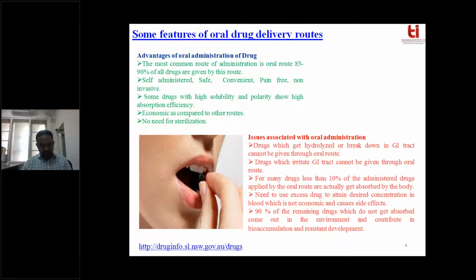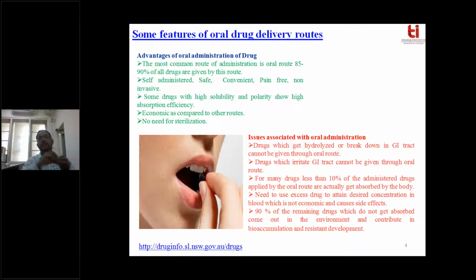I would say the reason is, if 90% of the drug is coming out through the feces, the drug goes directly to the environment and mixes with the environmental microbiome, right? As a result, the microbes already present in the environment get exposed to the drug and develop resistance, especially when I'm talking about antibiotics.